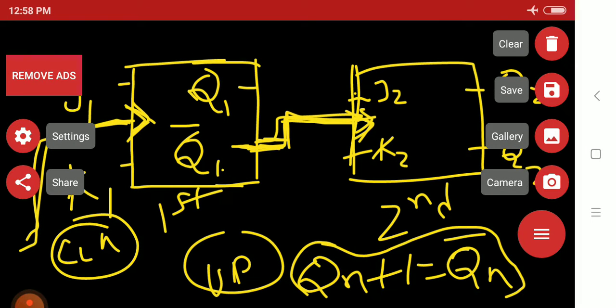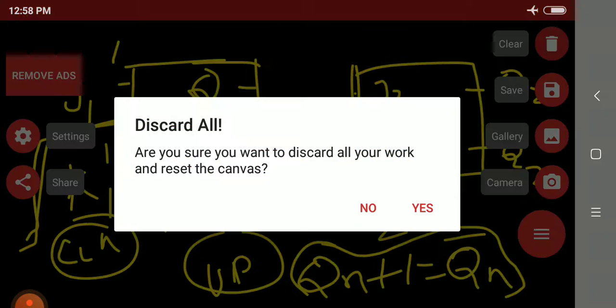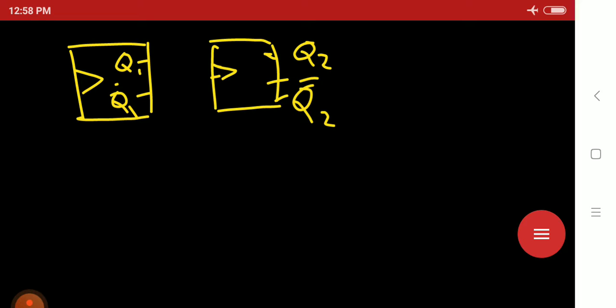That means if I am giving 1 1 here, I will now discuss it with the truth table. So I have to draw the flip-flops once again, the up counter, with Q1 bar and Q2 bar, J and K of the JK flip-flop, and the clock.